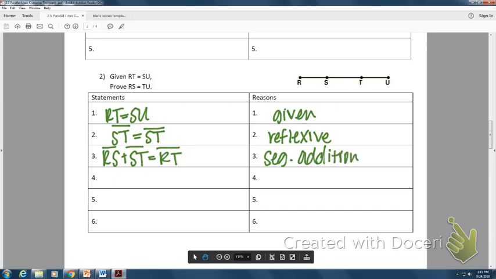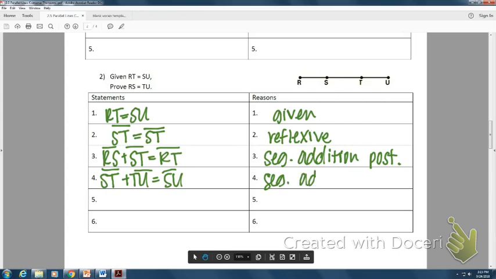Somebody give me something else. Going along those same terms as number 3, Miranda. ST plus TU equals SU. Very good. What's the reason? The segment addition. Very good.